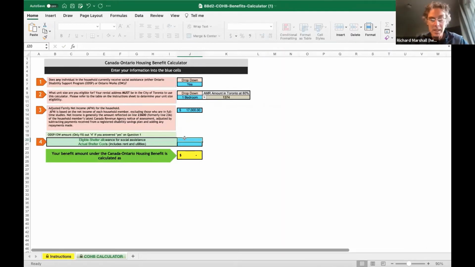Let's say it was OW or ODSP and it's a single person, so we'll put 497. And let's say they found a unit, the actual shelter costs, rent and utilities, are 1,500. So as you can see, the benefit amount is 949, which is basically the difference between their shelter costs and their shelter allowance.